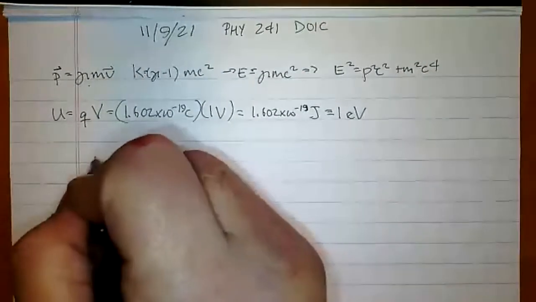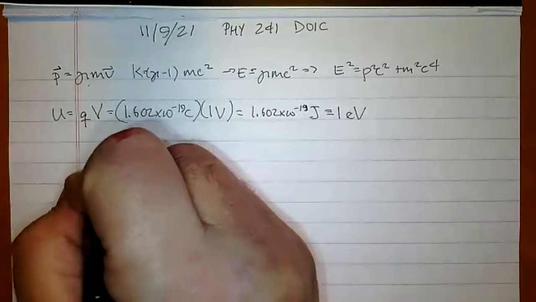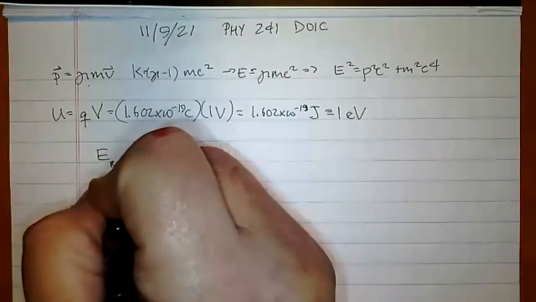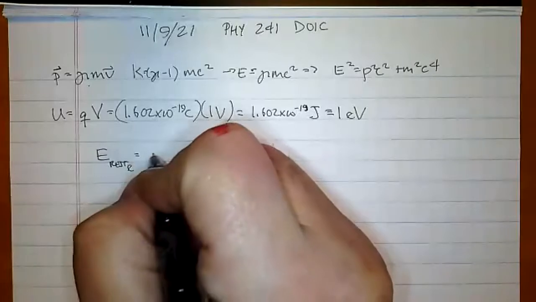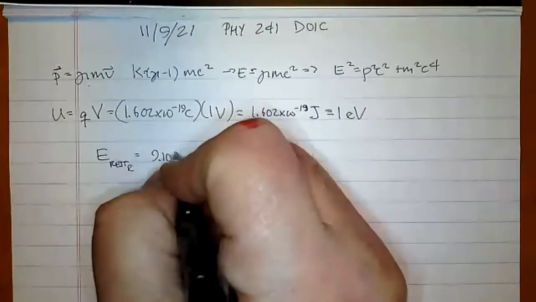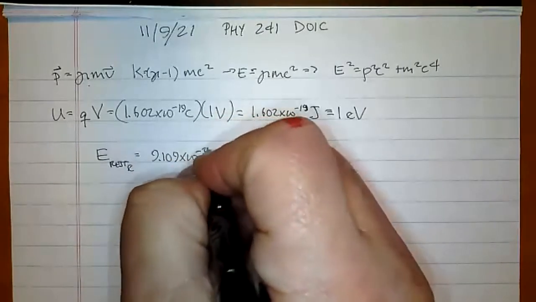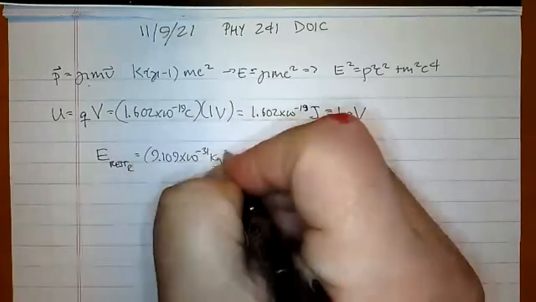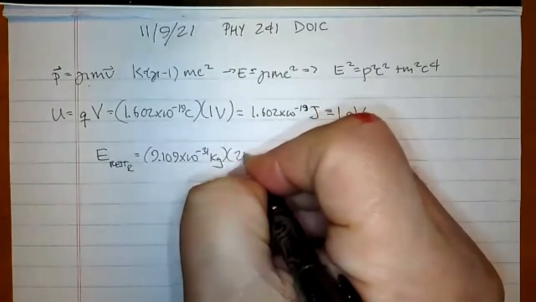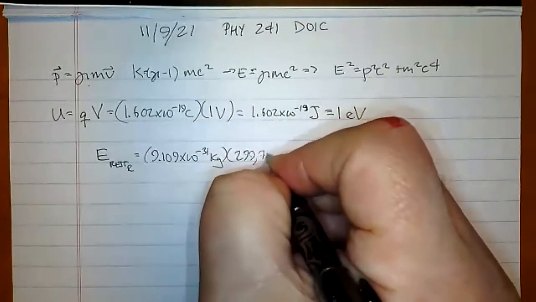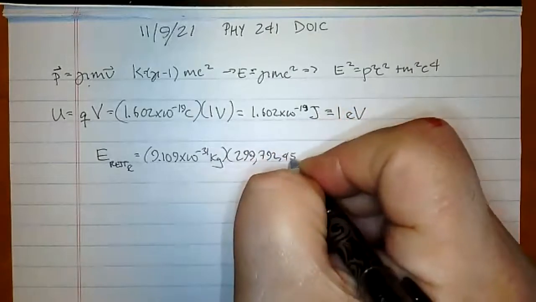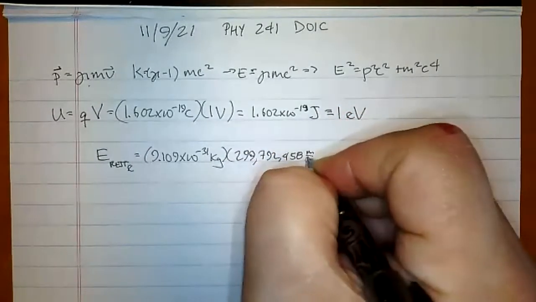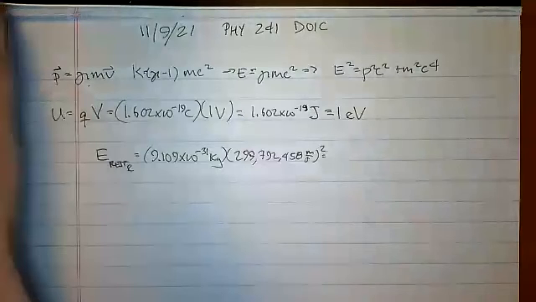Okay. So if you now take mc squared for the electron, so E rest for the electron, the electron's mass is 9.109 times 10 to the negative 31st kilograms times the speed of light, which is 299,792,458, and that's going to be squared.